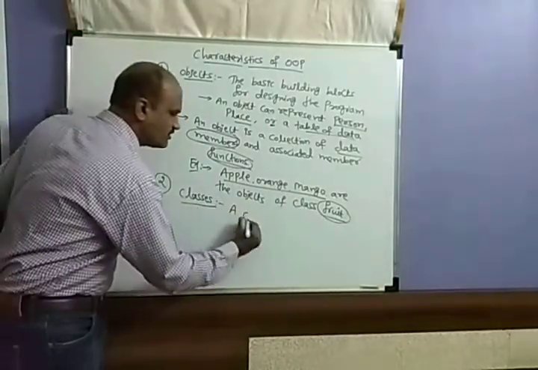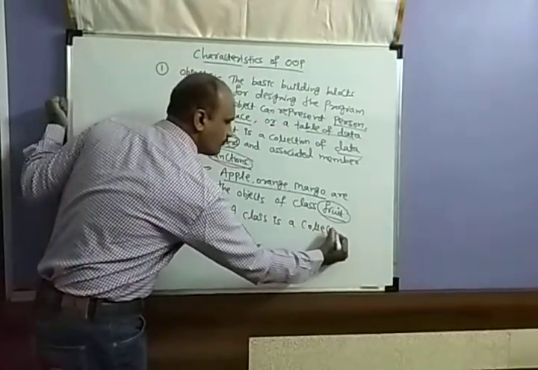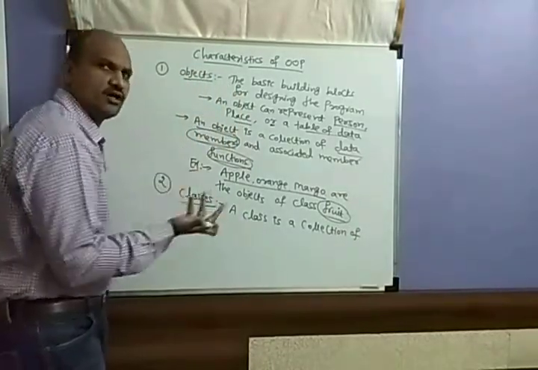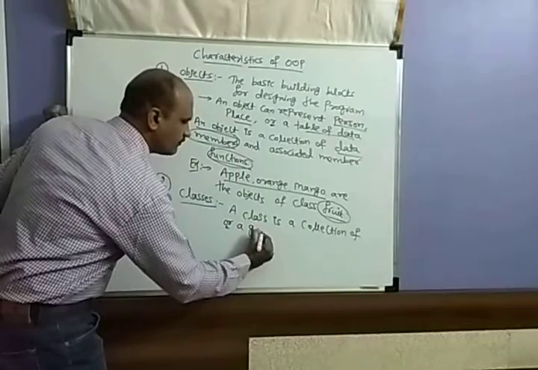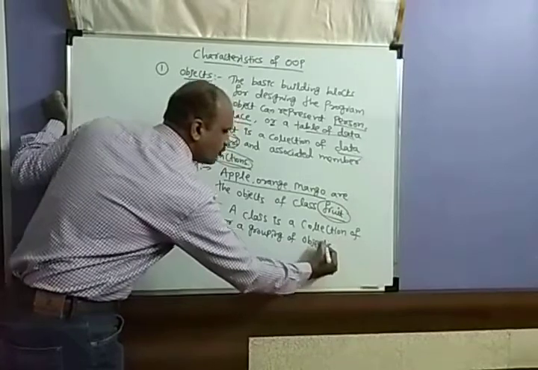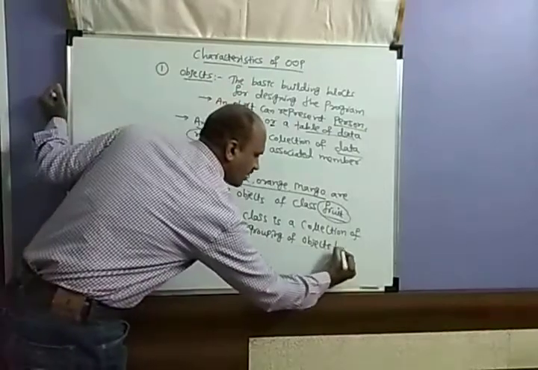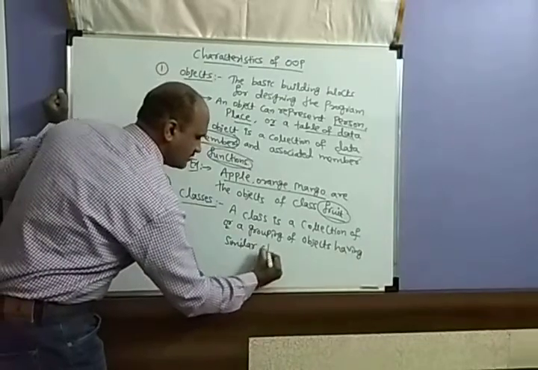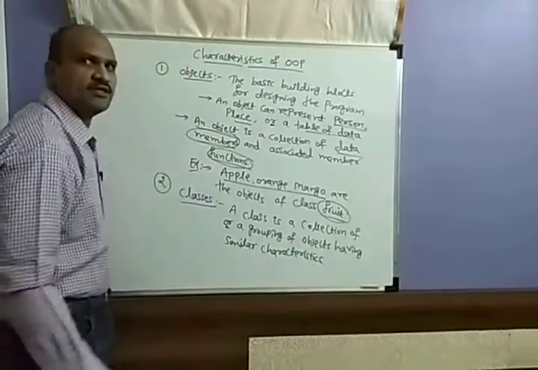So the definition is that a class is a collection or a grouping of objects having similar characteristics. This is called the class.